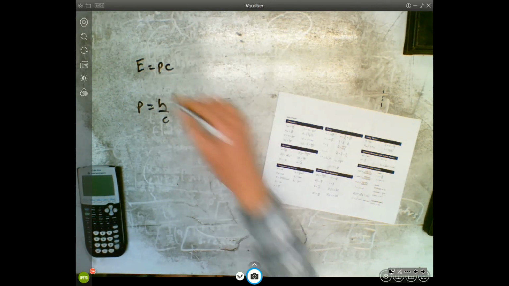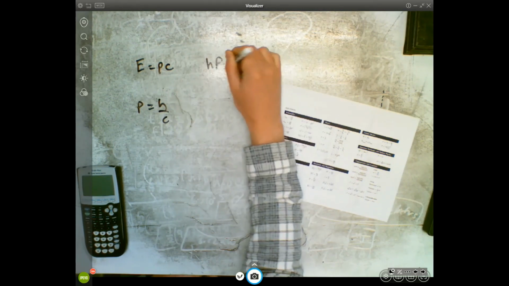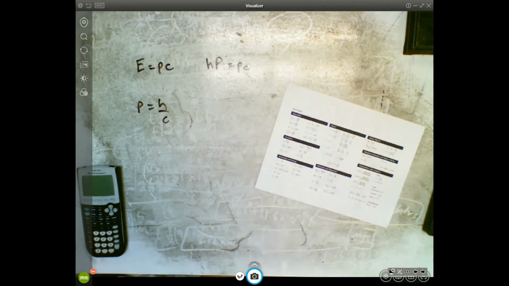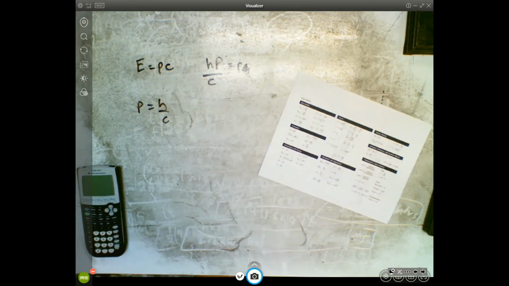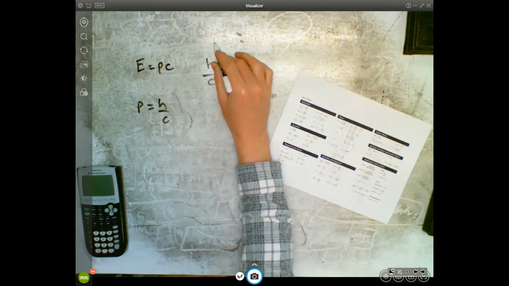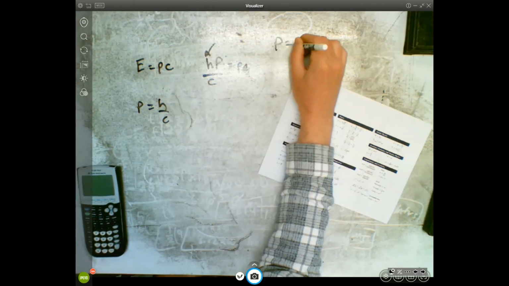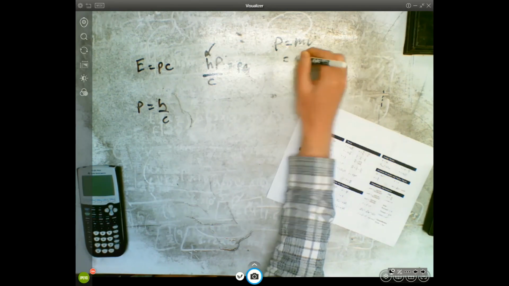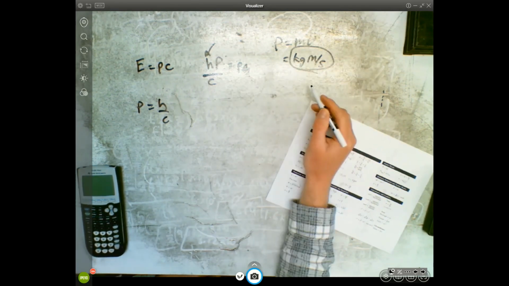I'd probably use this one where our energy is just hf equals PC. And then we want to find momentum, so I'd move c underneath here. So the h, when dealing with momentum, because when we talk about momentum, it's mass times velocity, our momentum is in kilograms meters per second, and we still want it to be in kilograms meters per second.